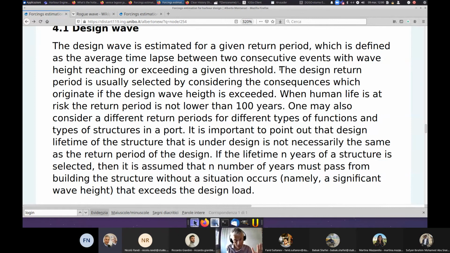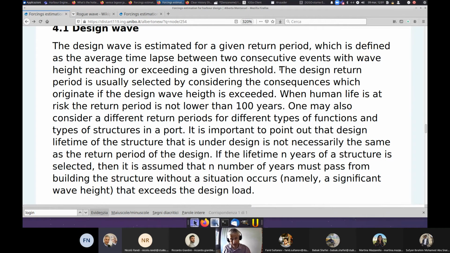It depends on what? It depends on the consequences related to a failure of the given structure. So let me give you an example. When we design dams, the design life is expected to be no more than 100 years. But the return period is 500 years. Why? Because a dam failure will have awful consequences.